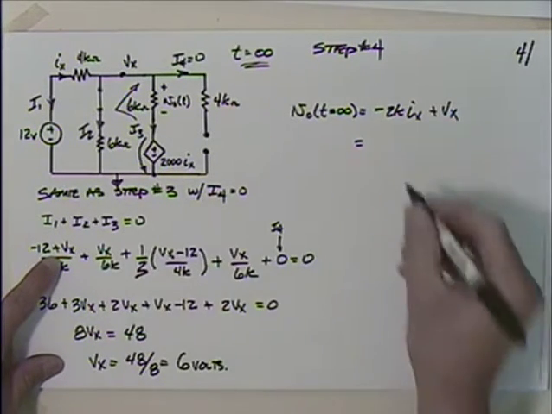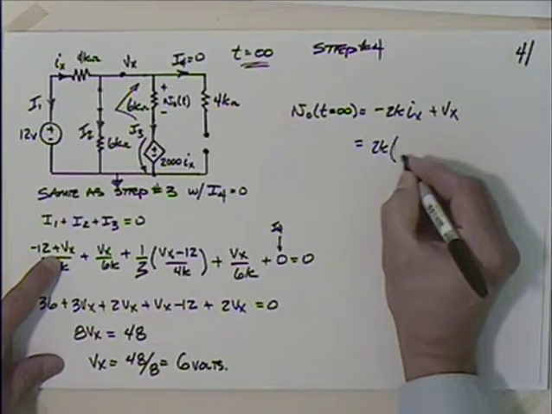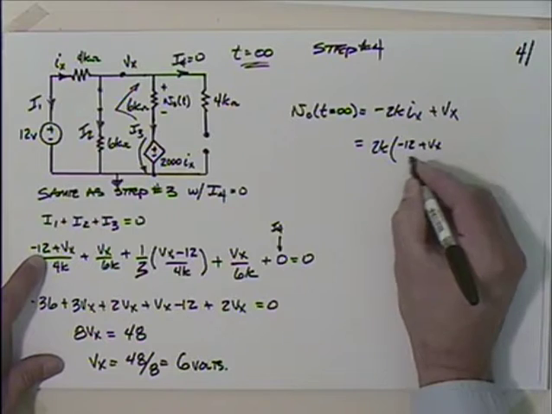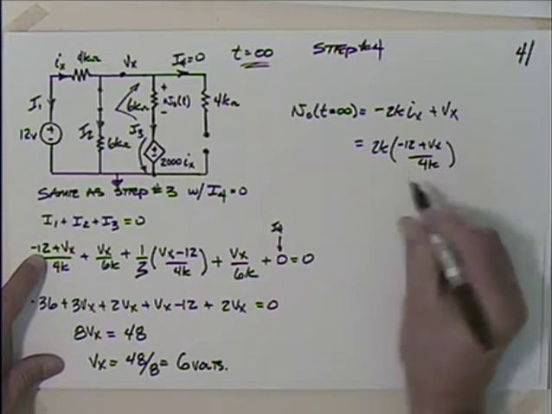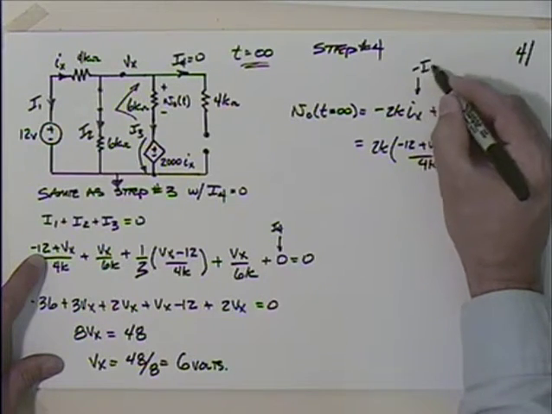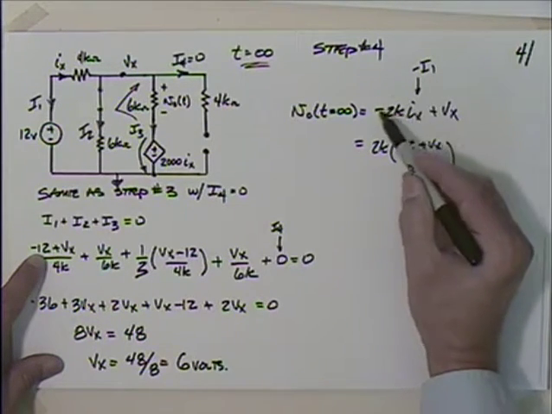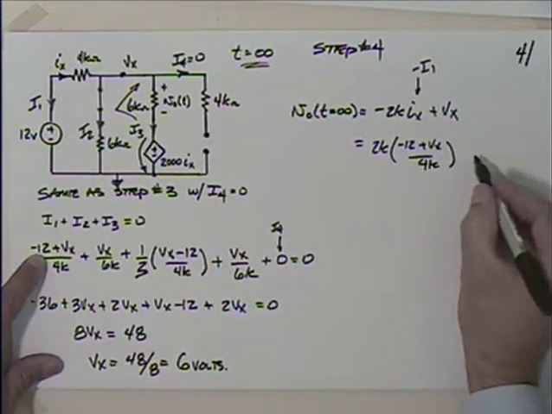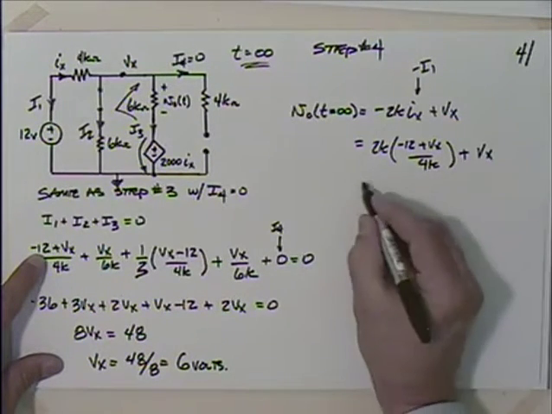So I could say that I have 2K times minus 12 plus Vx over 4K. You see, I didn't change the sign on that, Ix being equal to minus I1 again, but because I had the negative there, I got rid of that, and then I just wrote that I1 in there. I think I'm okay, plus Vx.